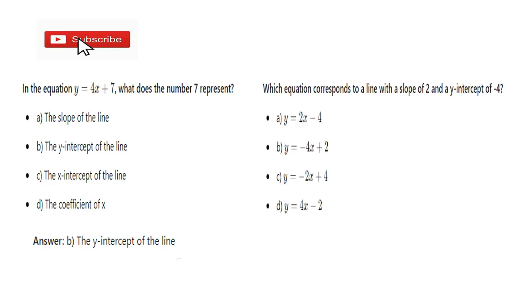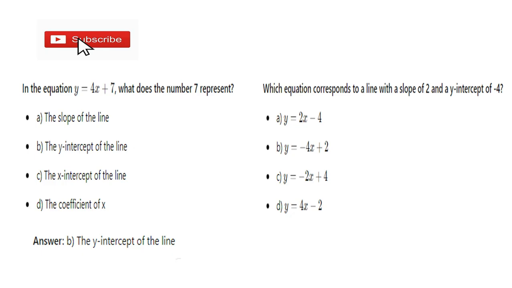Okay. This one says, which equation corresponds to the line with a slope of 2 and a y-intercept of -4? Look at it critically and carefully.